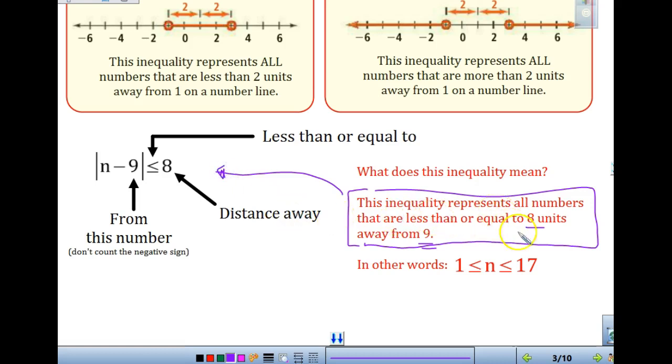So, if I ask you to write an inequality that represents all numbers that are less than or equal, that tells us what inequality to use. 8 units away, that's the number that goes outside of the absolute value, from 9. 9 is what goes inside.